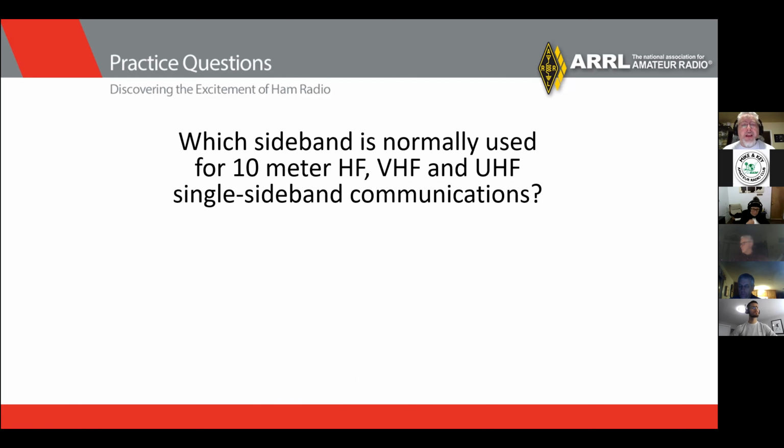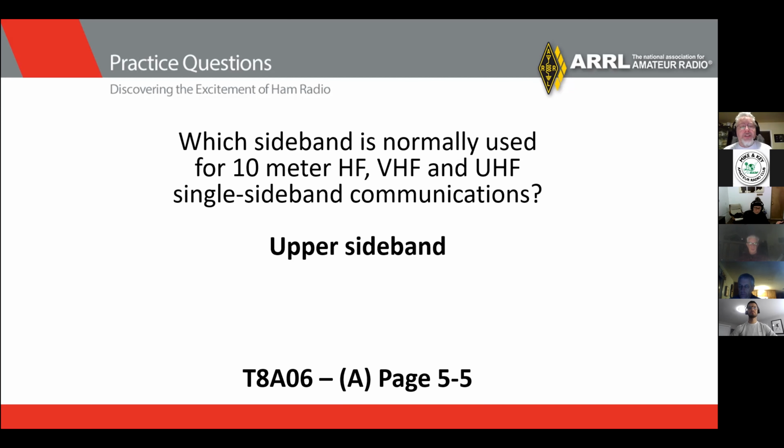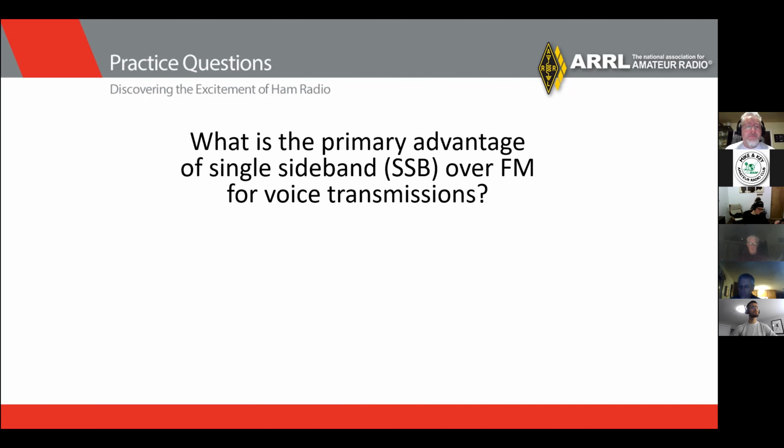Which sideband is normally used for 10 meter HF, VHF and UHF single sideband communications? Upper sideband. Correct, upper sideband. What is the primary advantage of single sideband SSB over FM for voice transmissions?